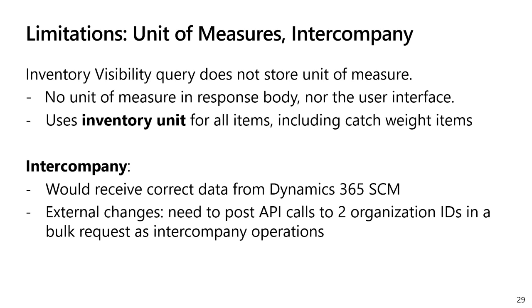It would receive correct data from Dynamics 365 Supply Chain Management, as the on-hand data itself does not contain intercompany information. But if we wish to make an external change that represents an intercompany change, what you need to do is to post the API calls to 2 organization IDs in a bulk request and mimic the behavior of intercompany operations.